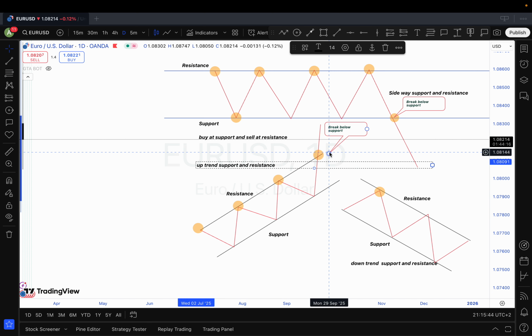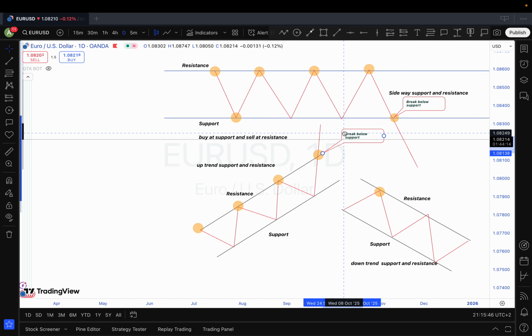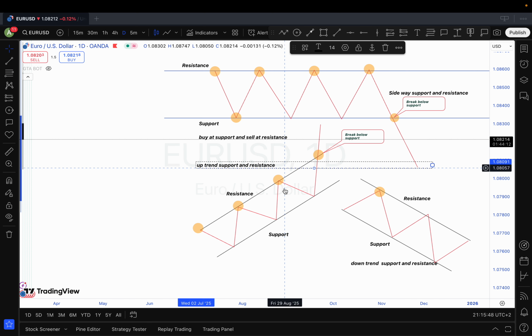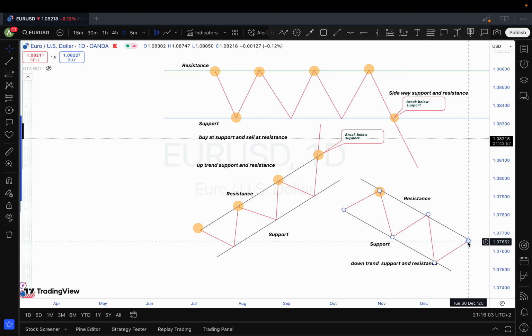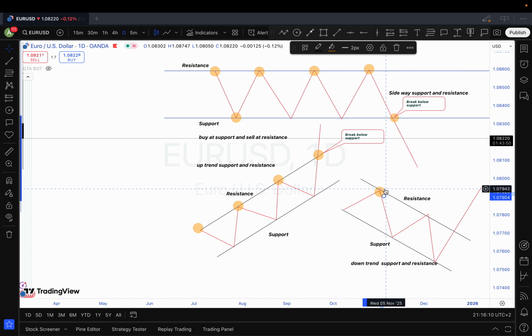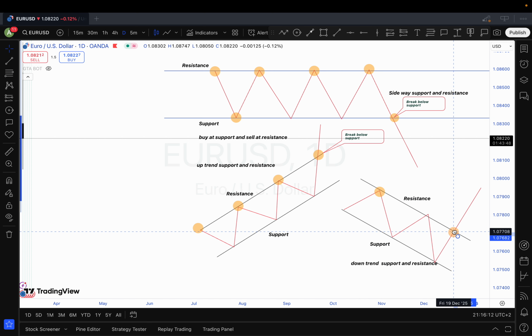So that means we have a break above resistance, because it cannot just keep going like this pattern of sell, buy. There's going to be a time it's going to break above a particular price. So let's check here as well. We can see that we broke above the resistance, right?